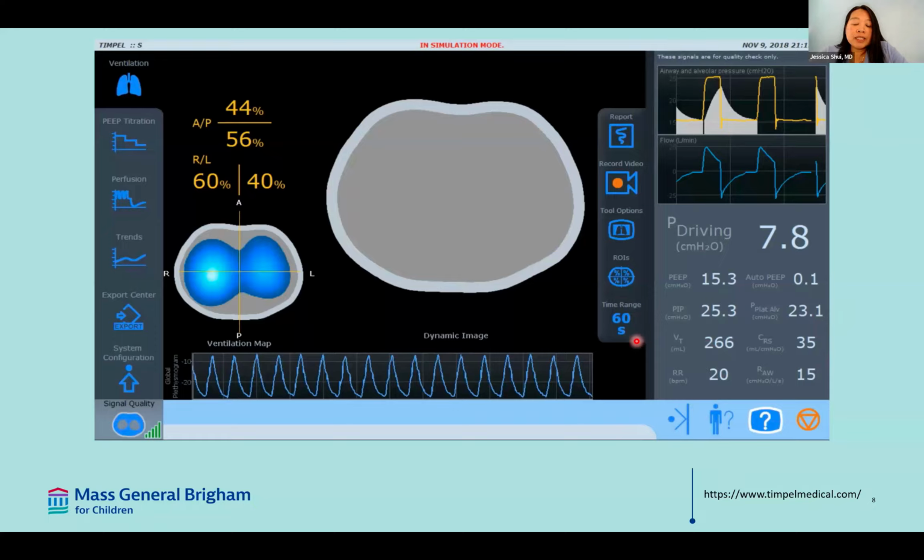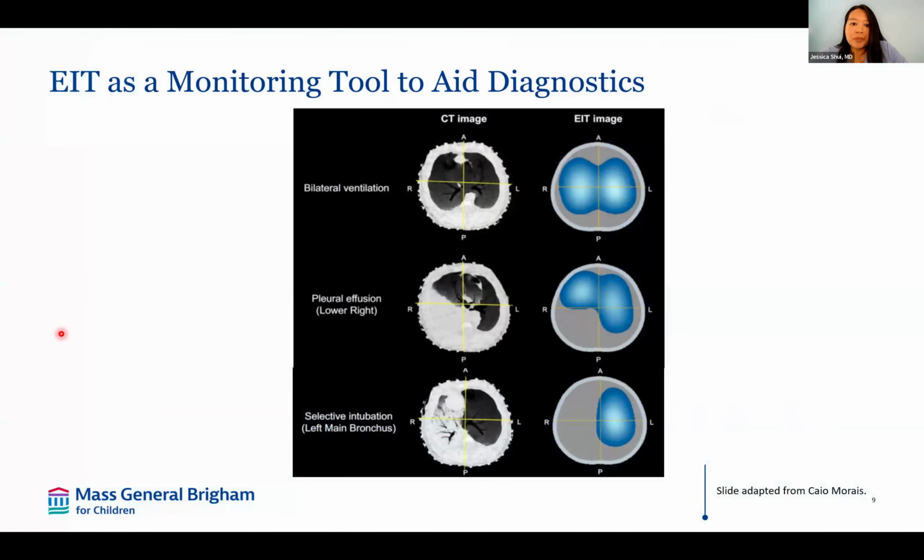But the patient doesn't actually have to be mechanically ventilated. This could be done in patients who are on the oscillator, on non-invasive ventilation, or even just on room air. You wouldn't necessarily have all these other measurements, but it can be applied in a variety of situations.